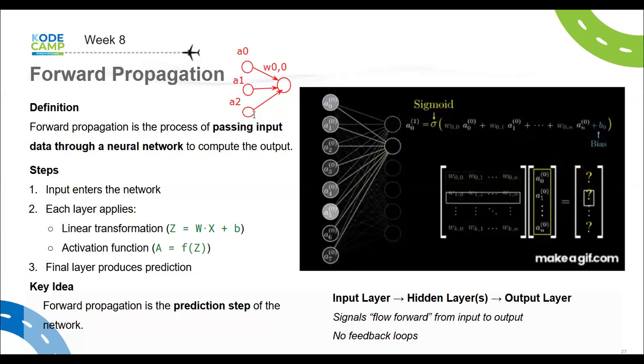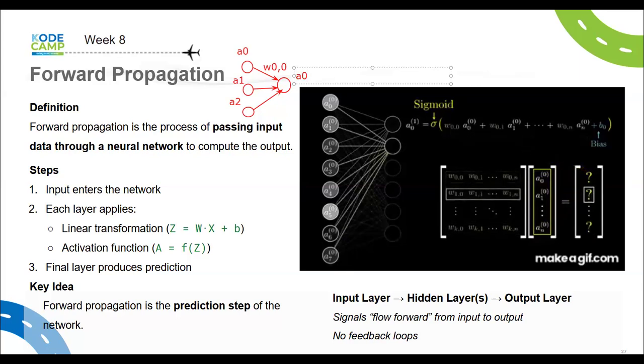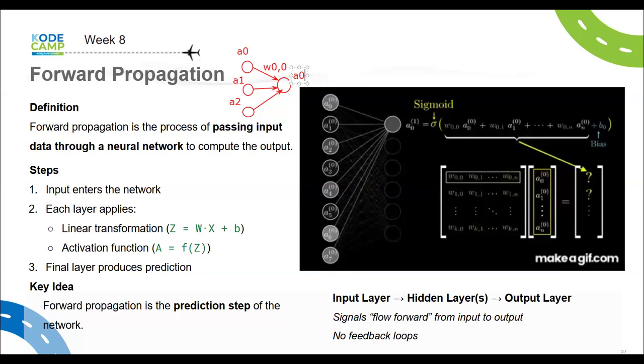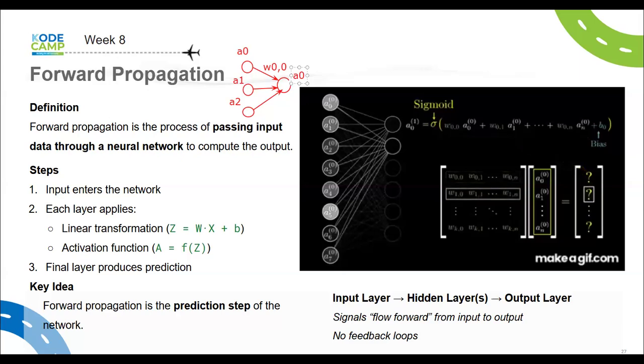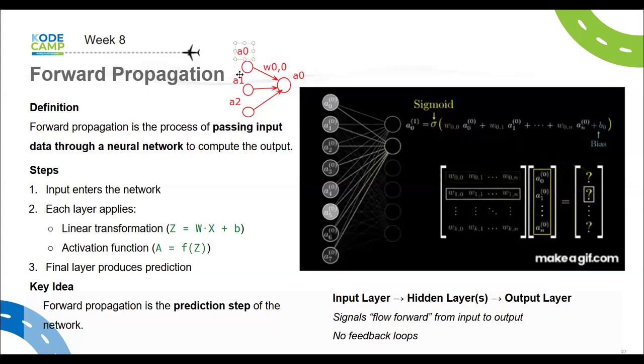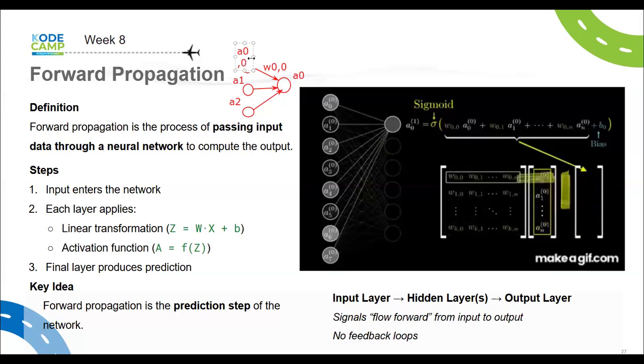So the weight that connects A0 to this A0. This is another A0 too, but it is A0 on the second layer. That's why we have a second superscript, to disambiguate. So I could say this is A0,0, meaning A0 on the first layer.